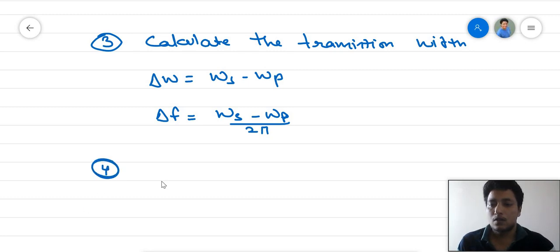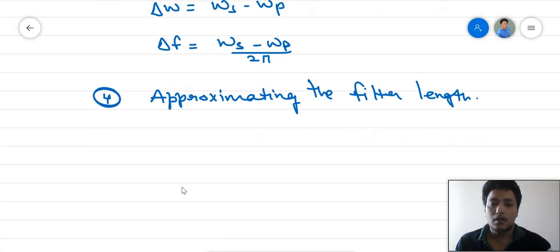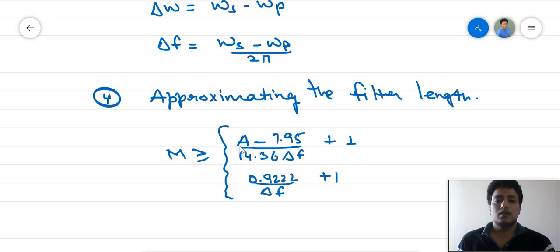Fourth is approximating the filter length. For that, we already knew one formula, that is M should be greater than or equal to, for two cases. The first part we have already seen with the Kaiser formula, that is A minus 7.95.